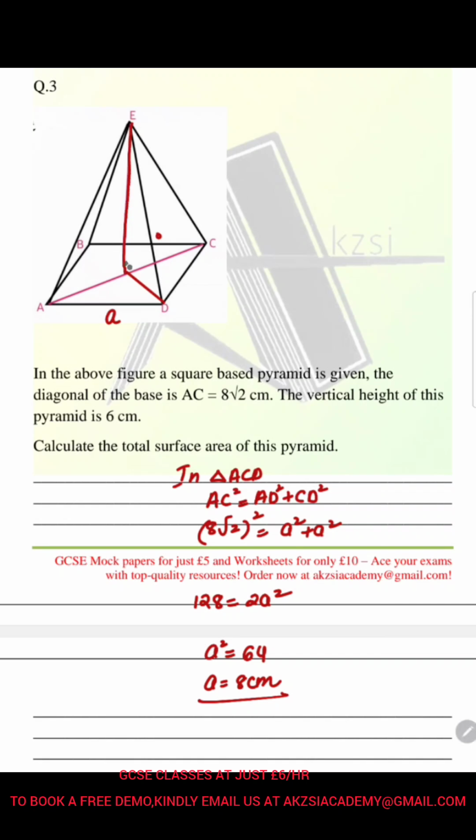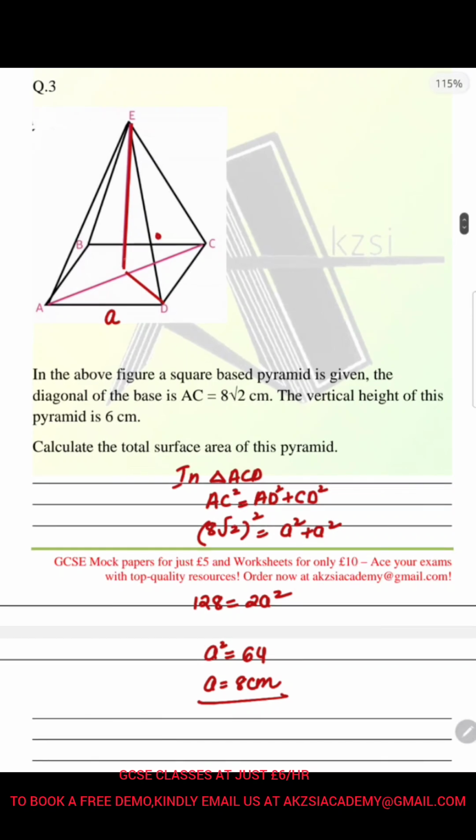Now I think it would be easy to understand that it will make a 90 degree angle like this. This height, let's say BO, is given as 6 centimeters. This is half of the diagonal, which is 4 root 2, and this side of the triangle is h, the hypotenuse.